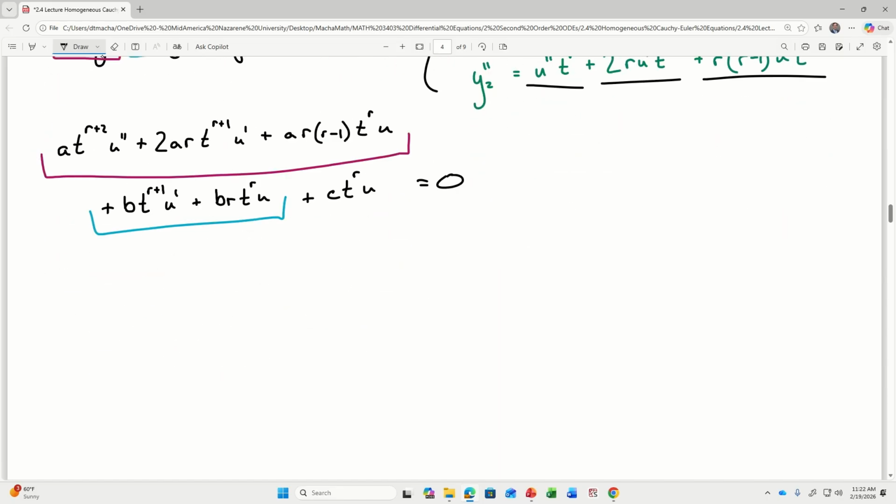And the u term on the left-hand side is going to be a times r minus 1 t to the r plus b r t to the r plus c t to the r times u. And let me factor out the t to the r as well. Might as well take out the t to the r factor.